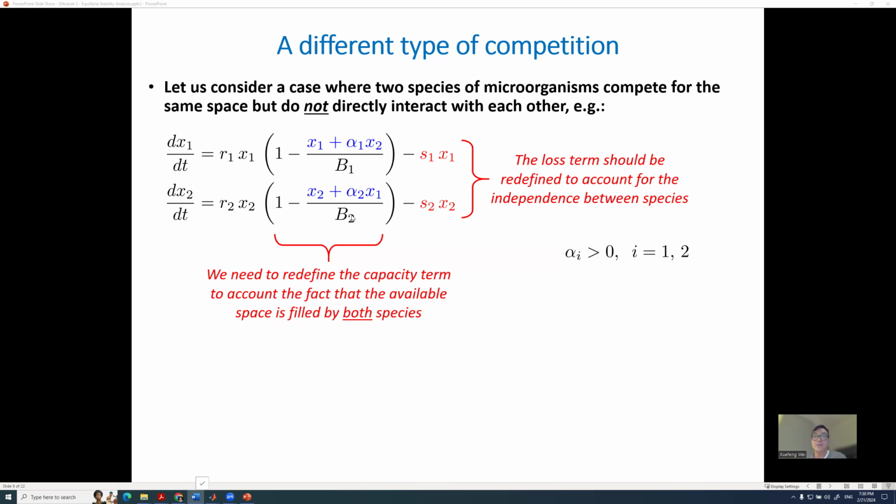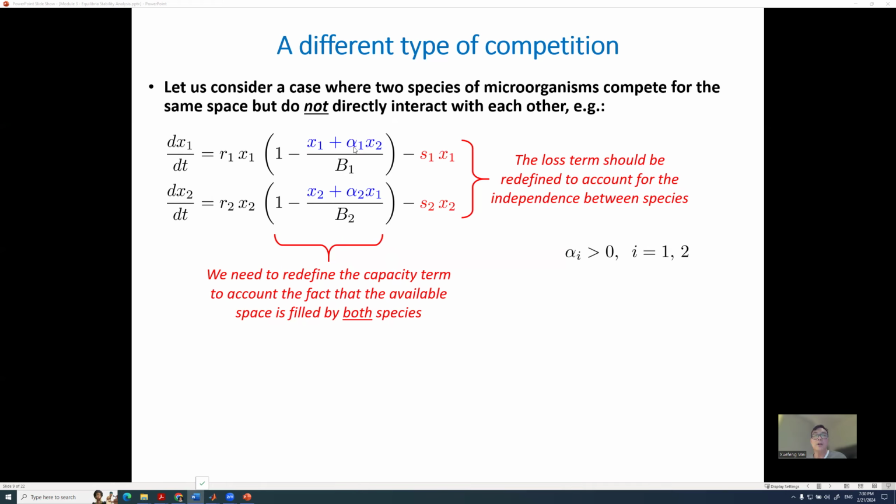So they are specific to the population. When I look at the saturation B1, I'm seeing that this saturation would be reached when X1 is paired with the presence of X2, according to a coefficient I call alpha 1.